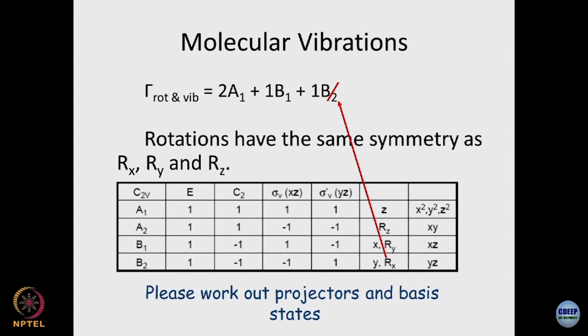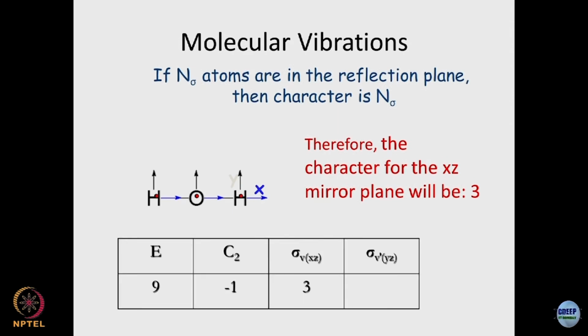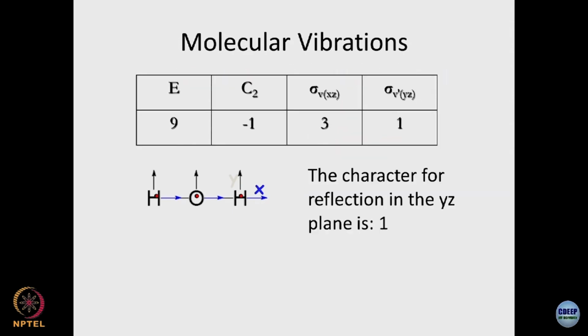So, this I have worked out for you, the projectors and basis states in 2D. You can try to redo it for the 3D case, just as an exercise. You can write the matrix representations for the reducible one which I have here, work out the matrix representation, find the projectors, and subtract out the projectors for translations.